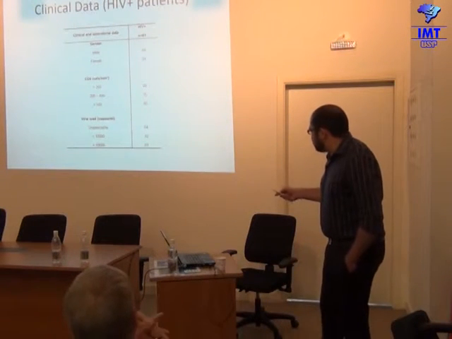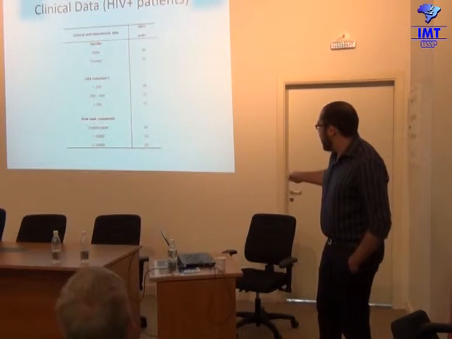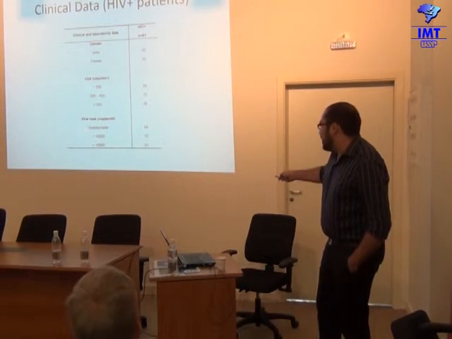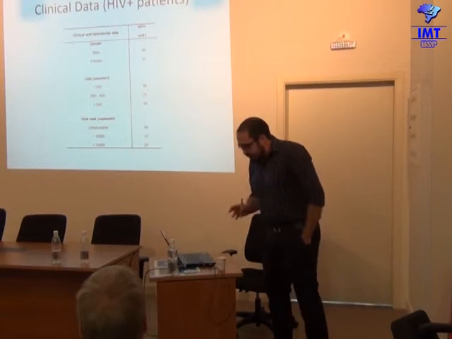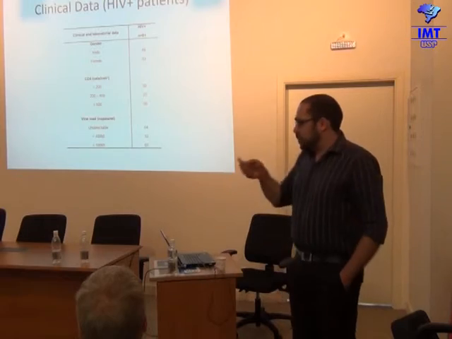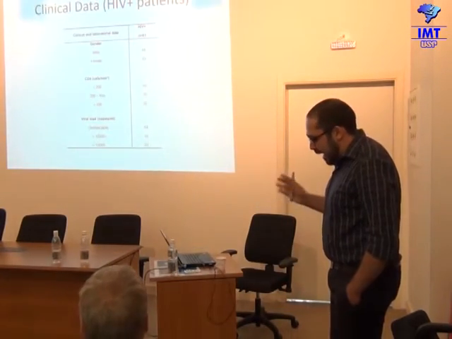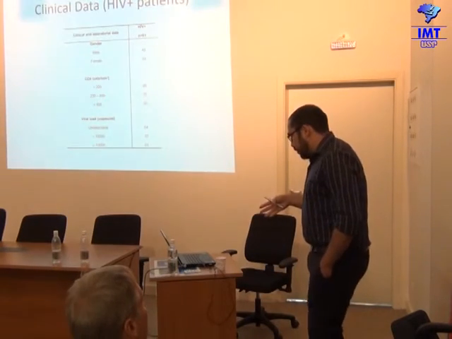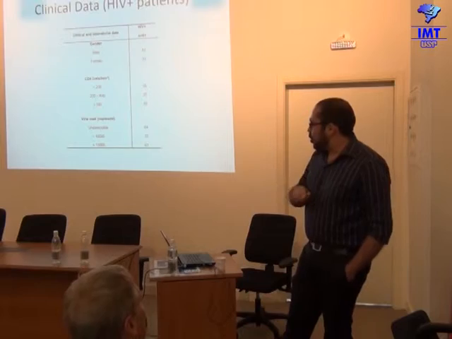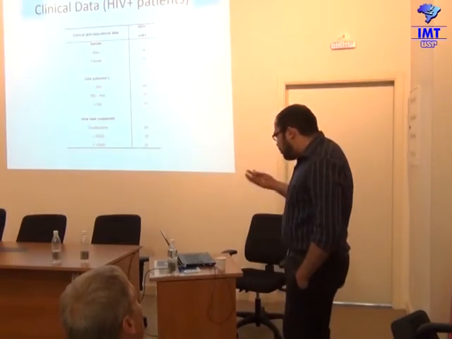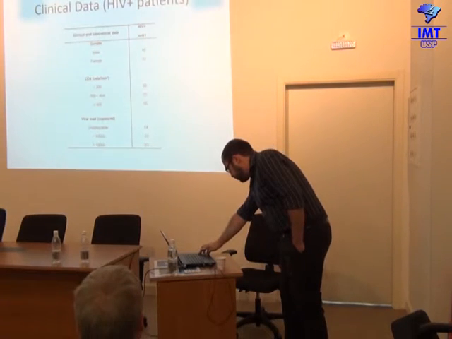And here we can see the majority of the patients have undetectable HIV viral load. It's important to notice that all the patients are under highly active antiretroviral therapy, and they have no previous history of Kaposi sarcoma.